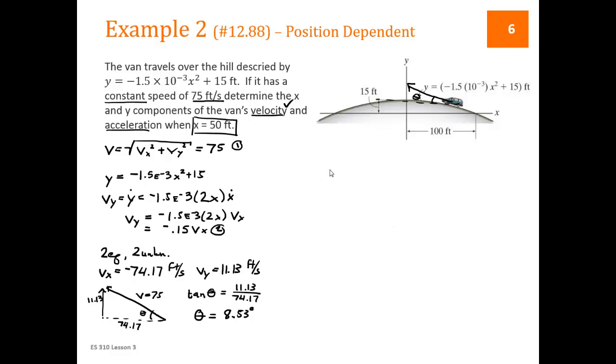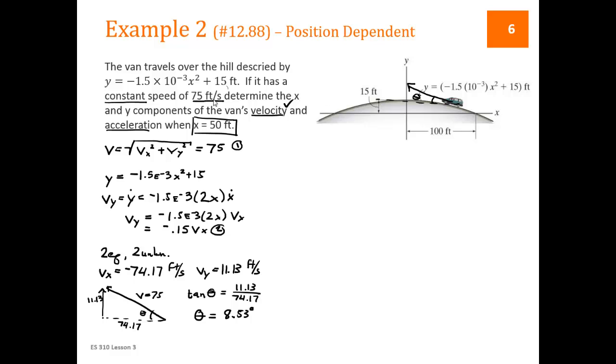So when we did the velocities, we knew that 75 was the magnitude of the speed. We do know something about the magnitude of the acceleration as well. The magnitude of the acceleration is going to be 0. The direction of that acceleration is going to be the same as the direction of the speed, right?